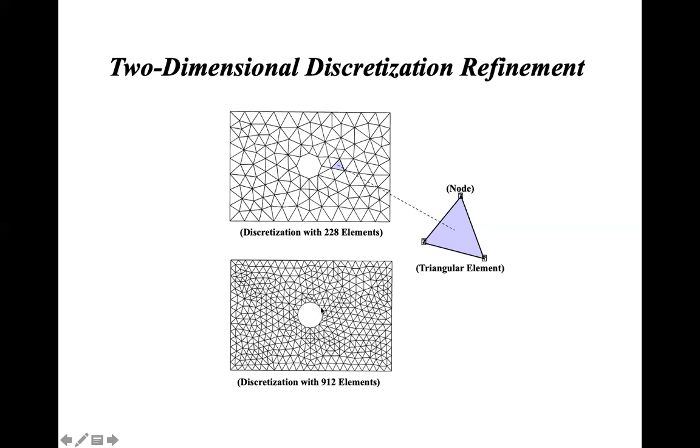So as we decrease the element size, we have more and more elements, and it will take higher and higher time to solve the problem. So we have to optimize the element size so that the solution time is less and we have lower error. Both things we have to consider.